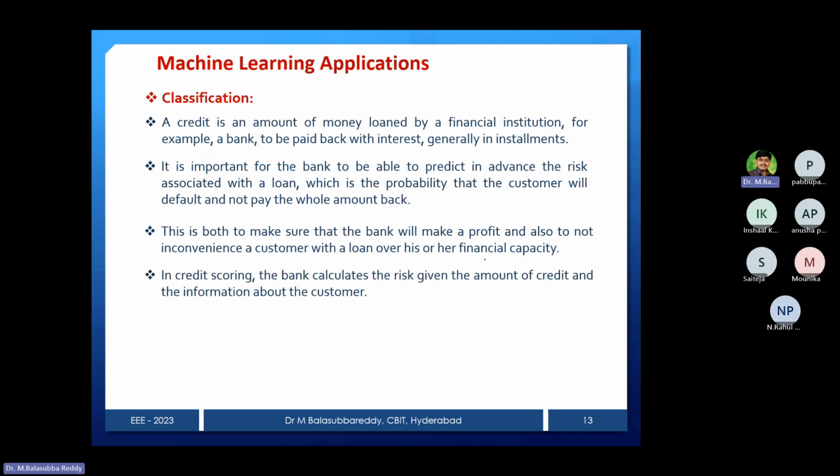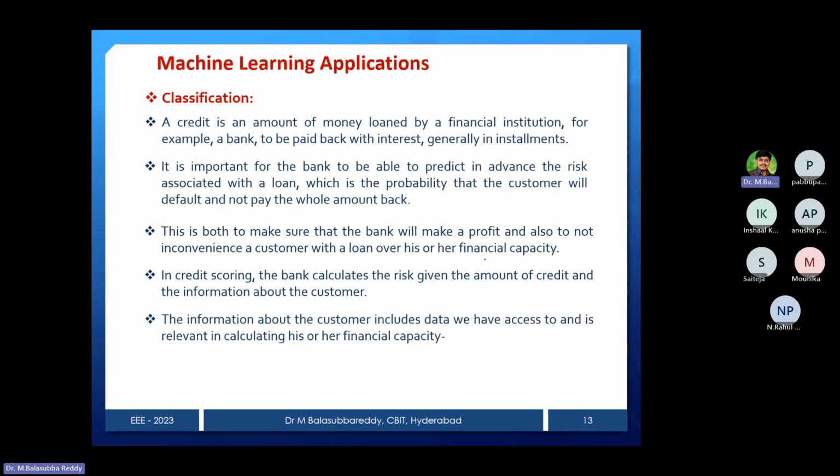Then credit scoring: the bank calculates the risk for a given amount of credit, and takes all the information about the customer. The customer data includes what we may access for the relevant calculation. You can see here name, income, saving, collateral. Sometimes they may ask for collateral depending on the loan type, or they may accept a personal loan.